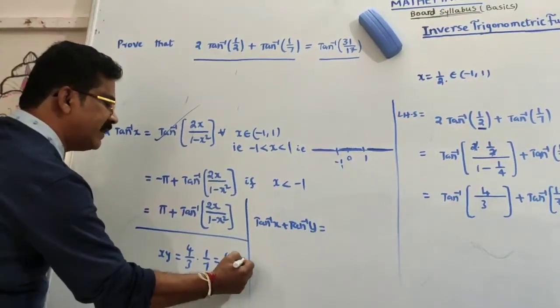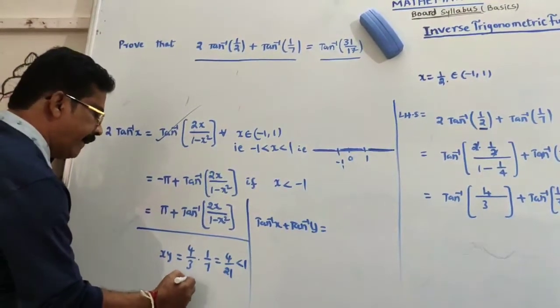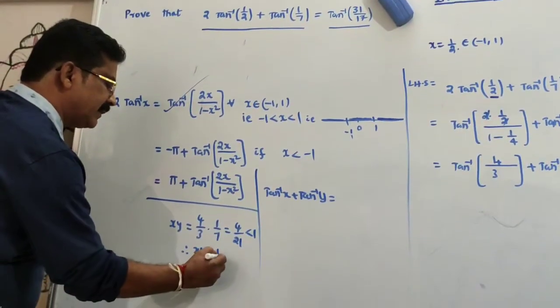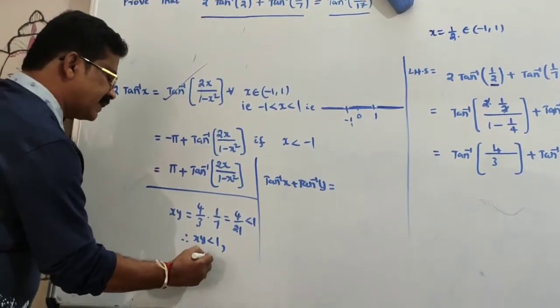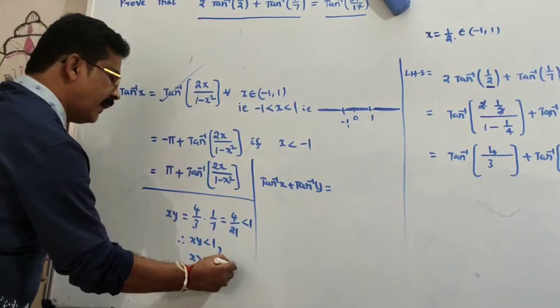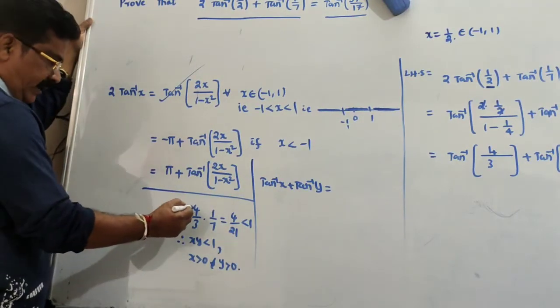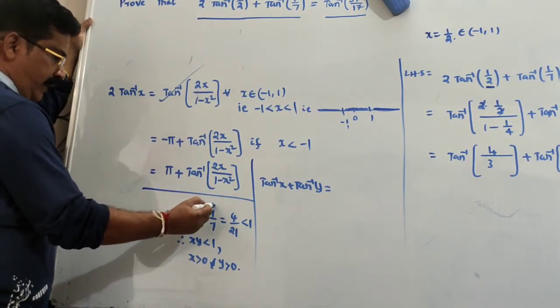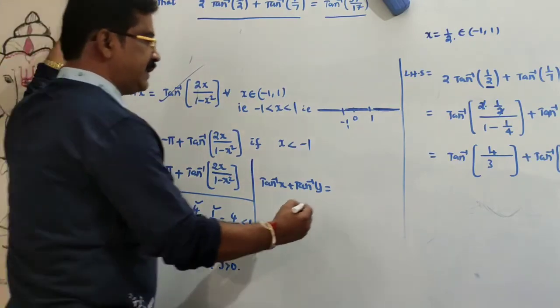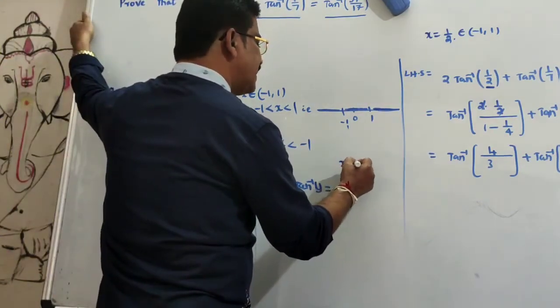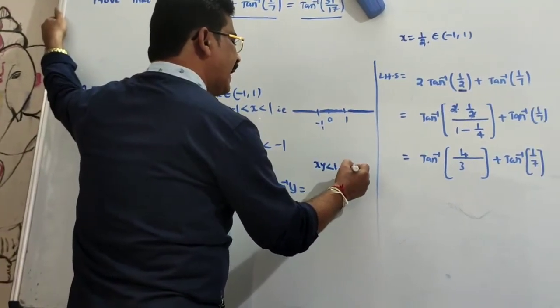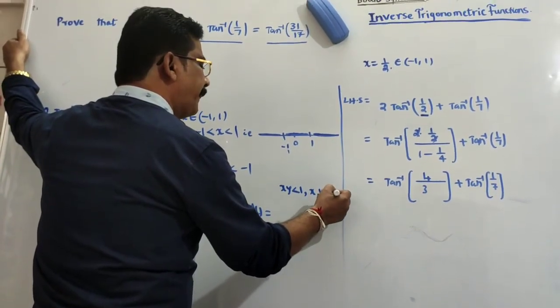It is less than 1. Therefore, xy less than 1, comma, x is positive and y is also positive. How? x equal to 4 by 3 positive, y equal to 1 by 7 positive. So this is the case xy less than 1, comma, x comma y both are positive.